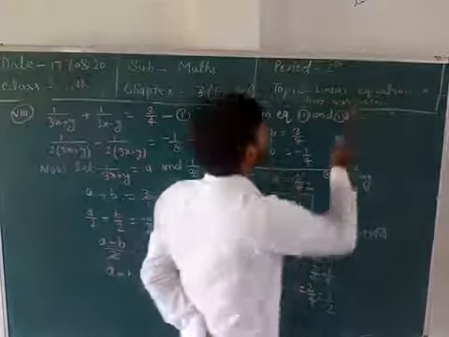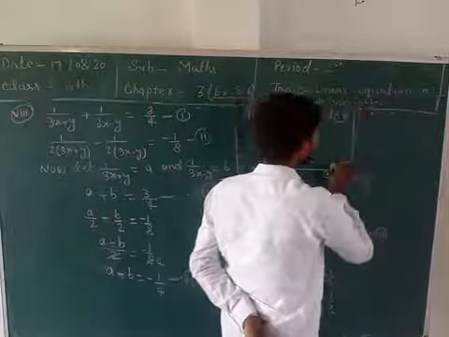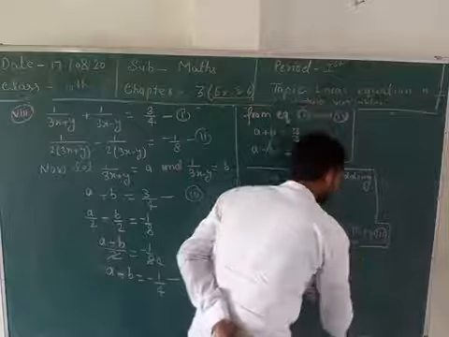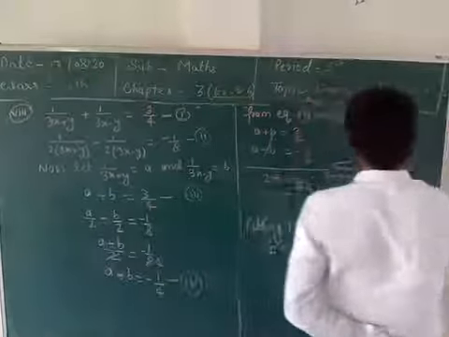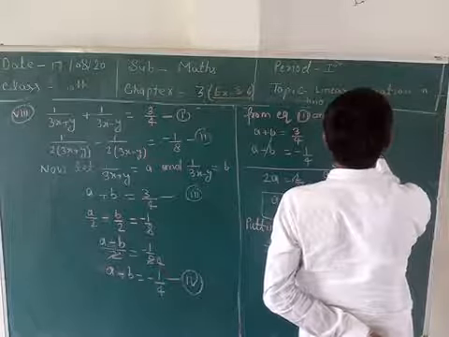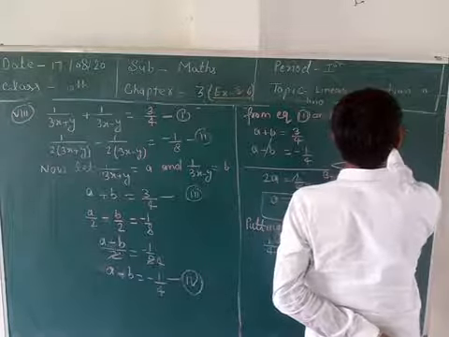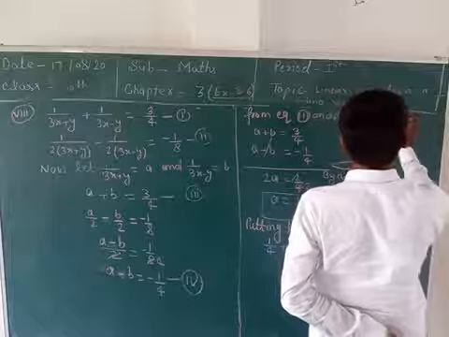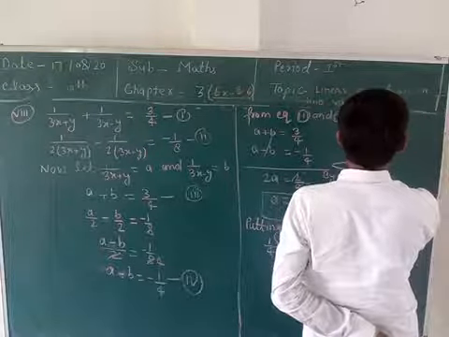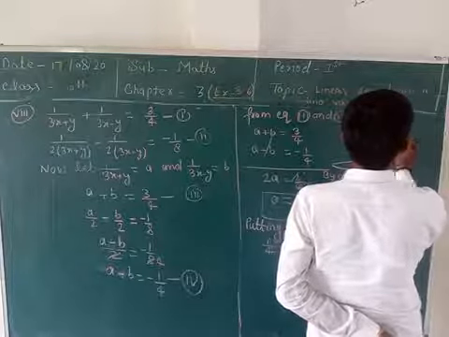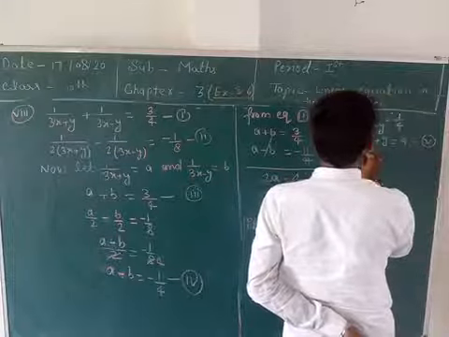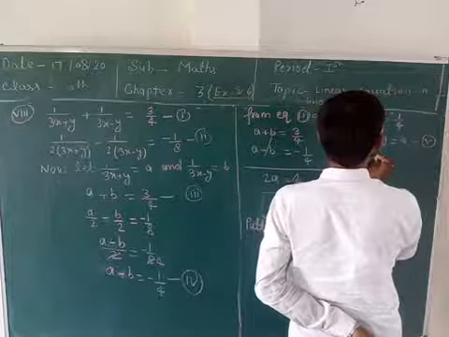Now we have 1 upon 3x plus y equal to a. A means 1/4. Then 3x plus y equal to 4. This is equation 5. And 1 upon 3x minus y equal to b.